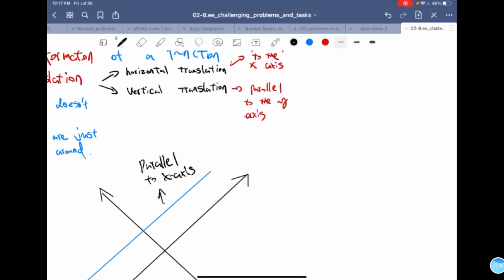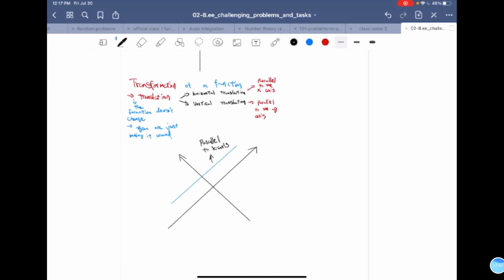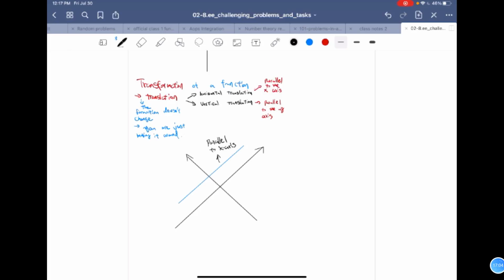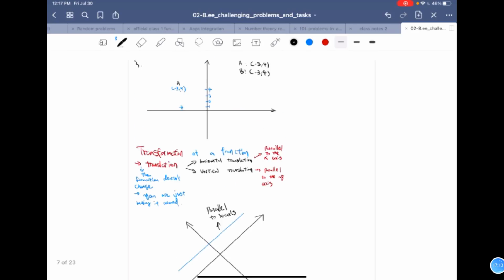Everything is basically established on a relative concept. There's no absolute horizontal or vertical. You have to have a reference point.